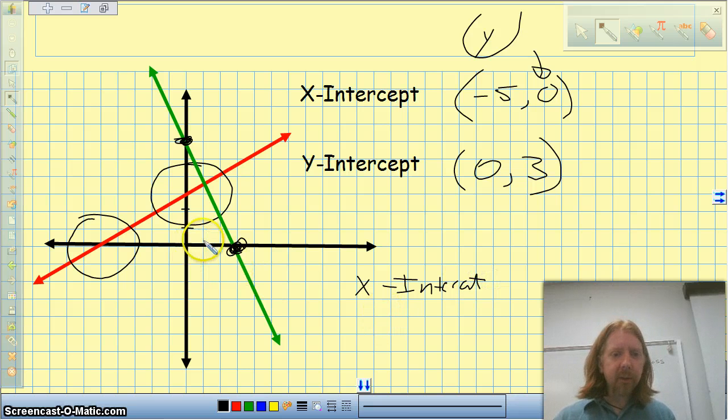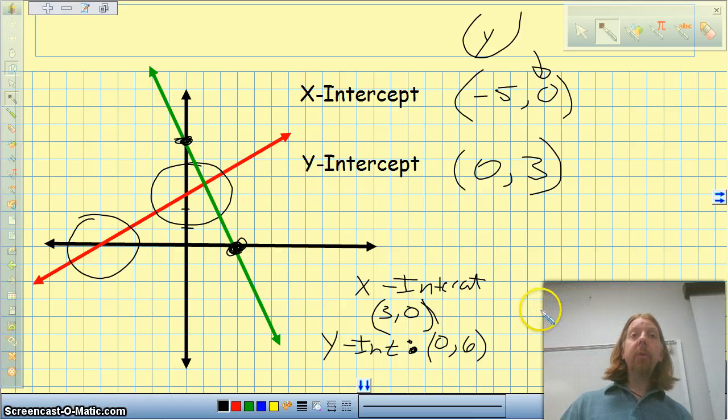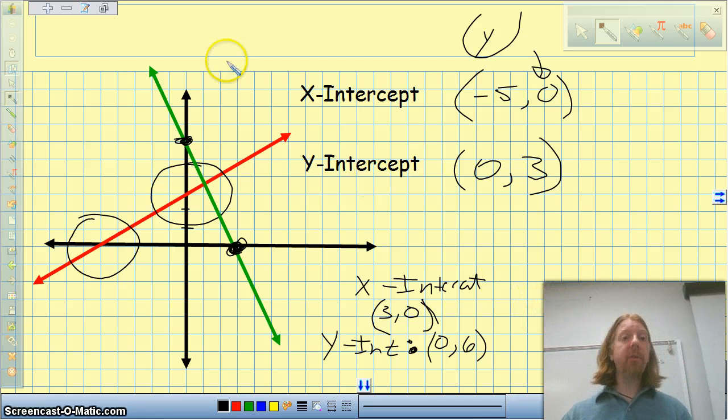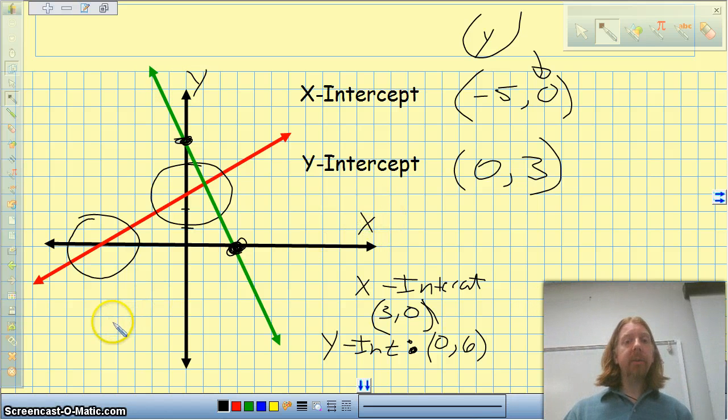The x-intercept is at 1, 2, 3, so 3 comma 0. And the y-intercept is at 1, 2, 3, 4, 5, 6, so my y-intercept is 0 comma 6. So looking at the graph, you're looking for the point where the line crosses one of the two axes, the y-axis or the x-axis.